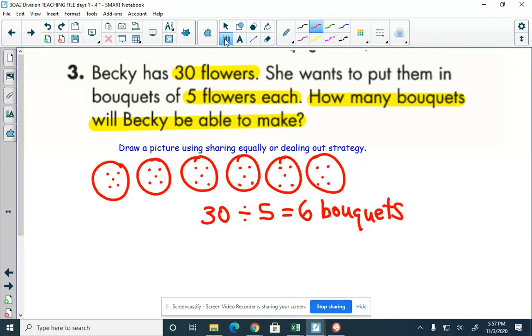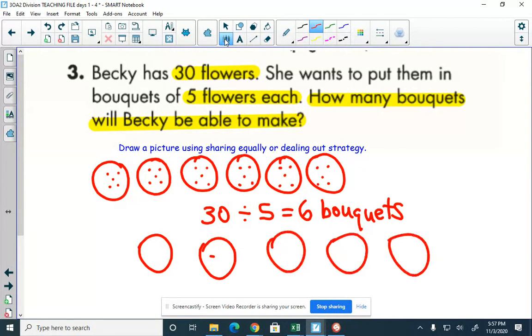Same thing like I showed you last slide. If you want to make the 5 groups and deal out the 30, 1, 2, 3, and so on up to 30. So that would show that you have 6 in each one of those.